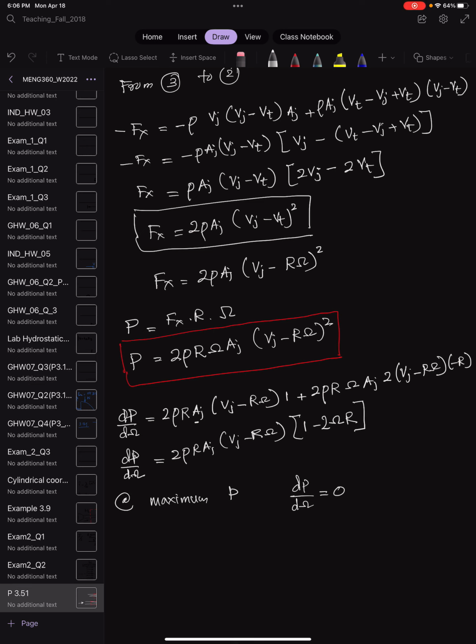You have 2 dp over d omega, so you write the first term. Oh, this should be squared, that's why it should be squared, and then this term should be changed.